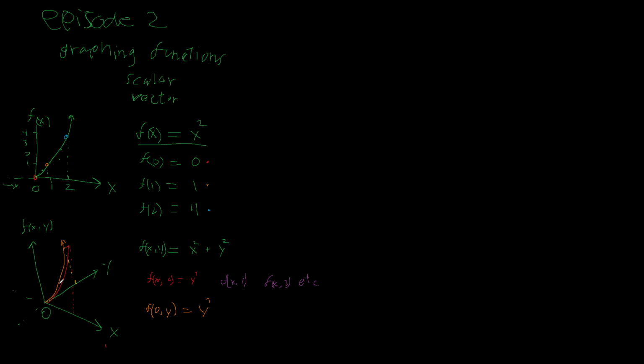We have this x squared, and we put in f of x, 1 when y is 1. It's going to be the same graph, but translated 1 in y. So it's going to look like this. It's going to go down, and here's y equals 1, right? And then we can keep going for all of these points.